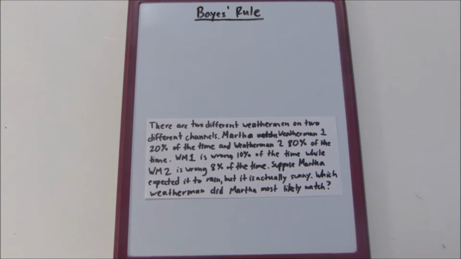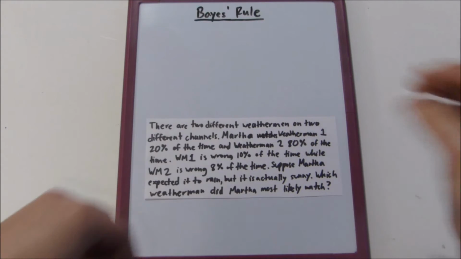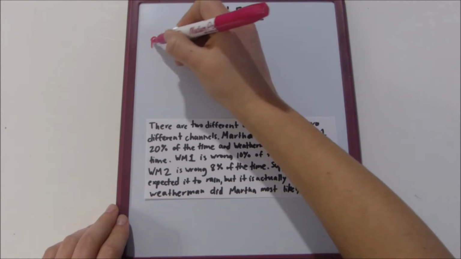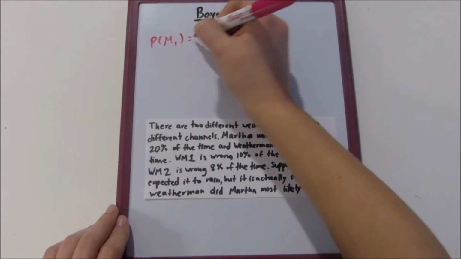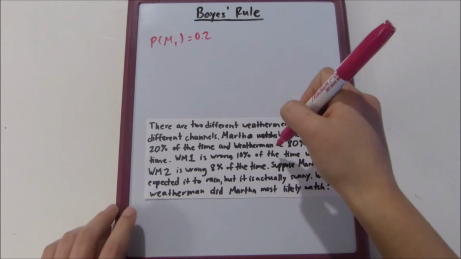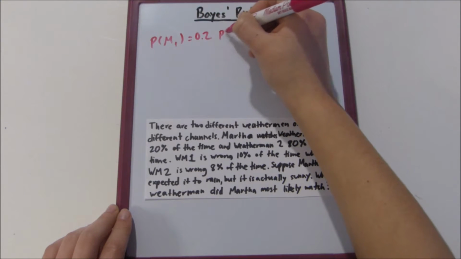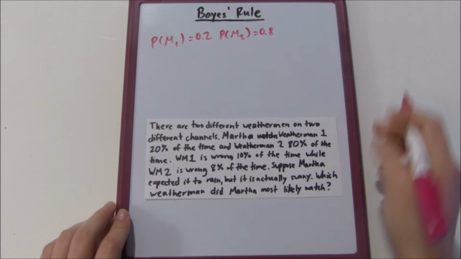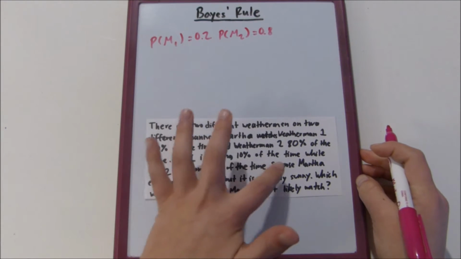So what I like to do in word problems is pick out the information and set it equal to variables. So here it says she watches weatherman 1 20% of the time. So probability of man 1 is 0.2. Then she watches weatherman 2 80% of the time. So probability of man 2 is 0.8. And then he's wrong 10% of the time.